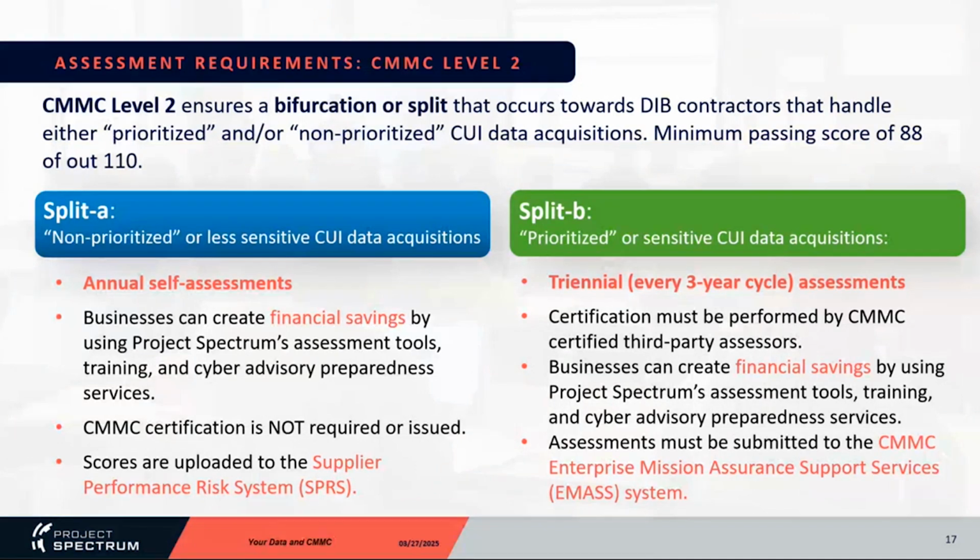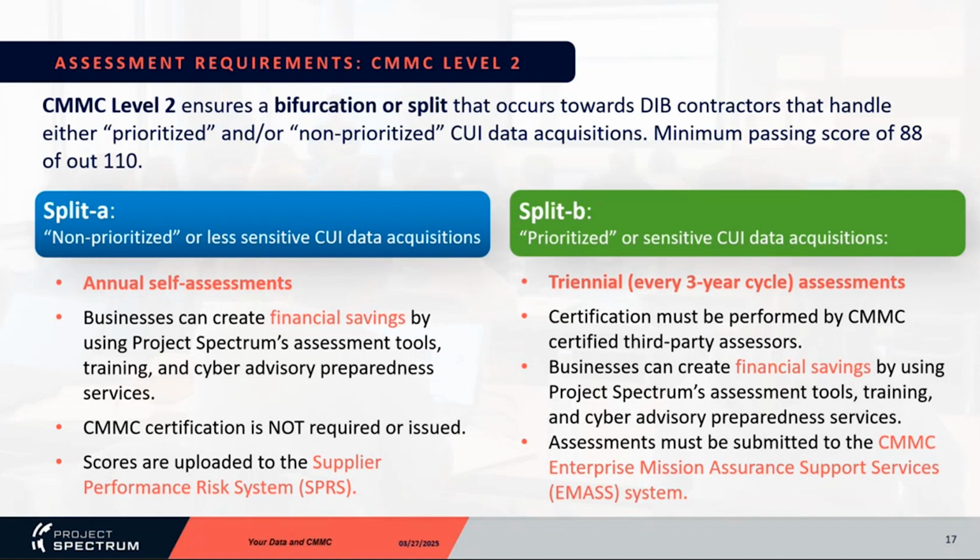Certification needs to be performed by CMMC certified third-party assessors, C3PAOs. That's the acronym for those that have heard that. Businesses can, again, make sure that you're creating a financial savings by using Project Spectrum's assessment tools, training, and cyber advisory preparedness services. Now, a lot of people do come along and ask us, okay, so you're going to help prepare me for level 2, and you're going to help prepare me for that third-party assessment, and you're going to perform it, right?